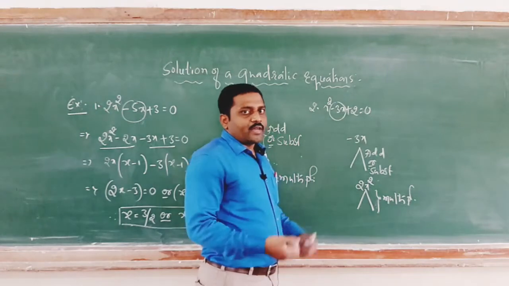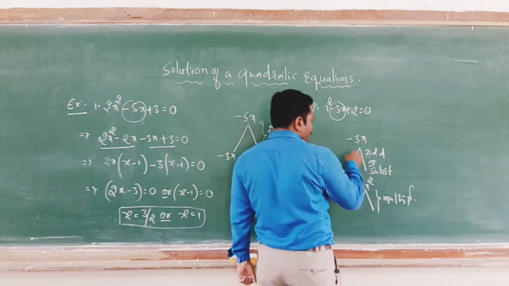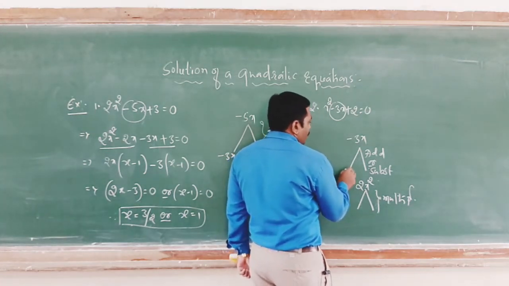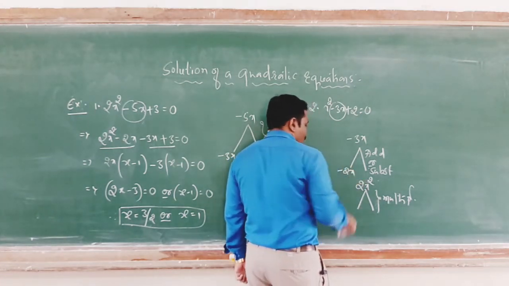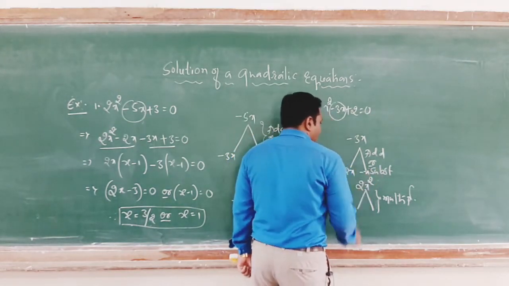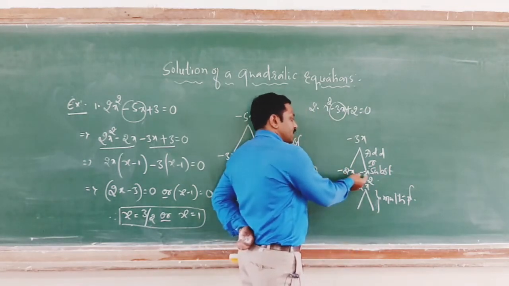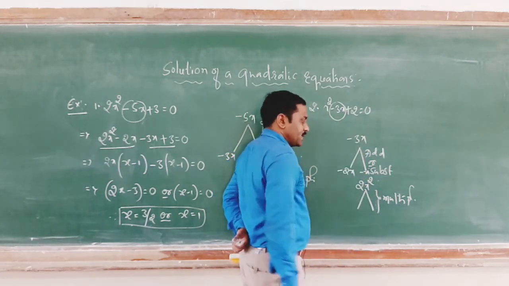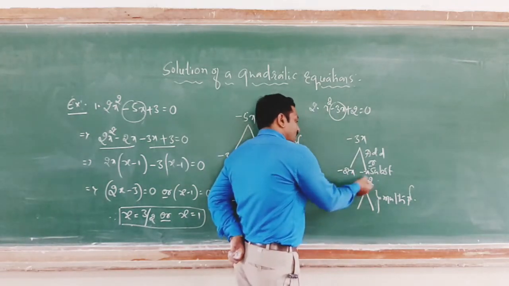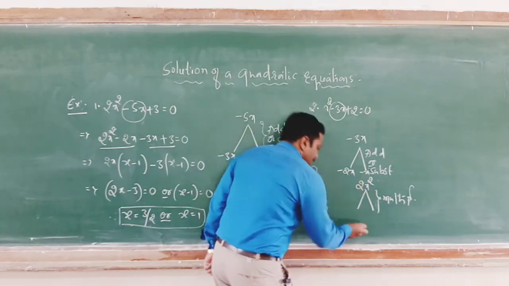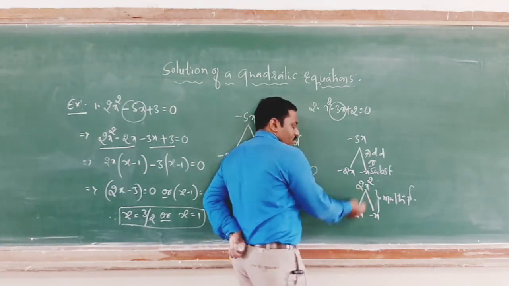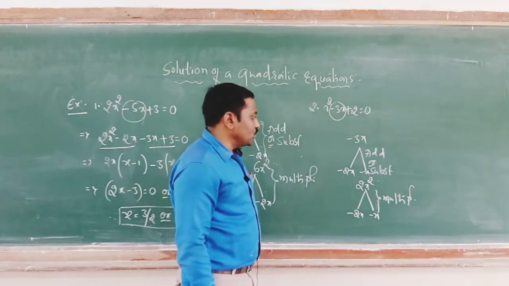Here, minus 2x and minus x. You can add them: minus 2x minus x gives minus 3x. Again, multiplying these terms, minus 2x into minus x, we get plus 2x square.